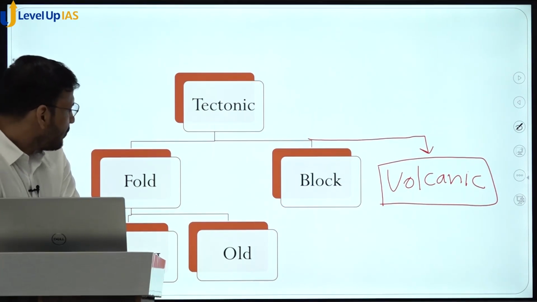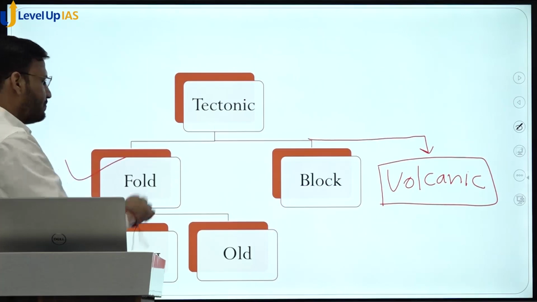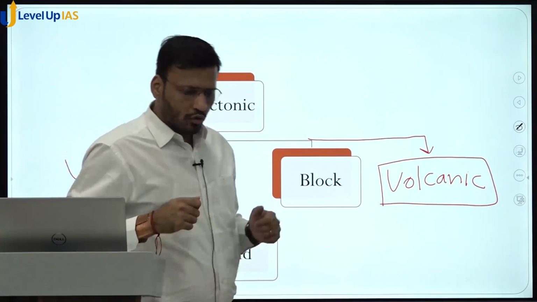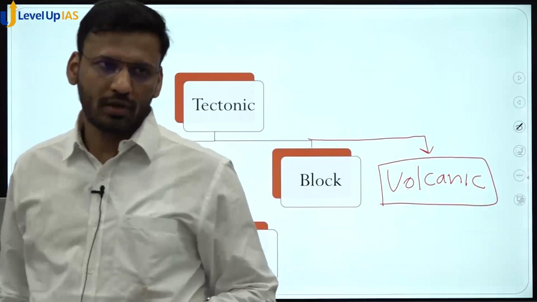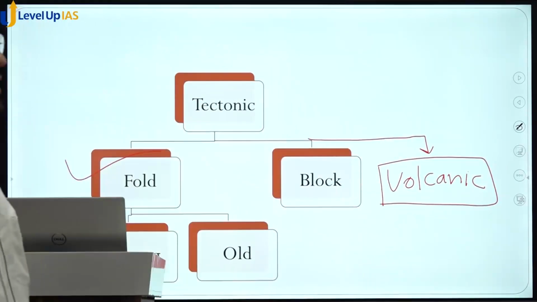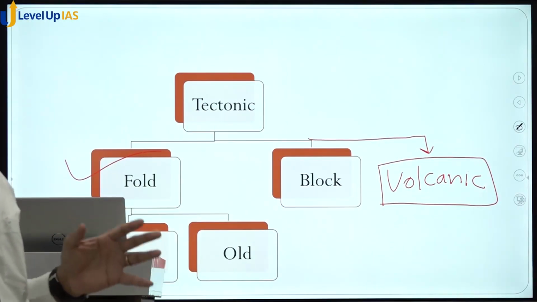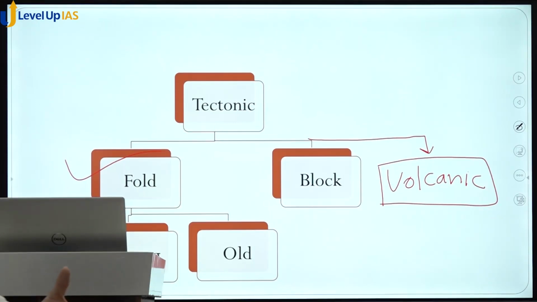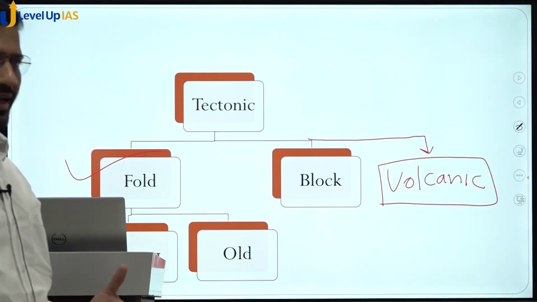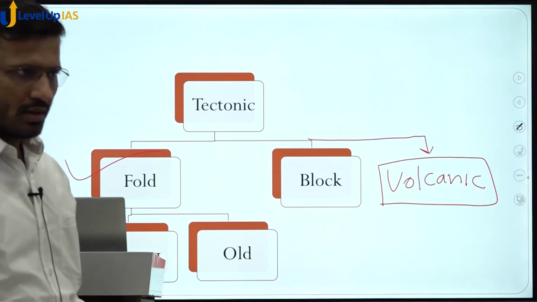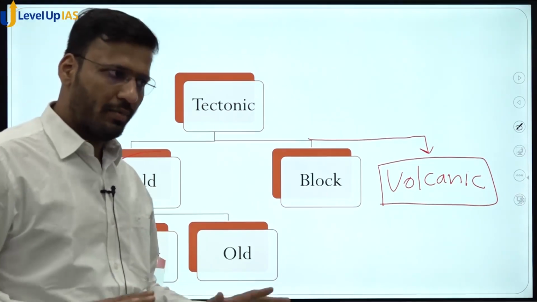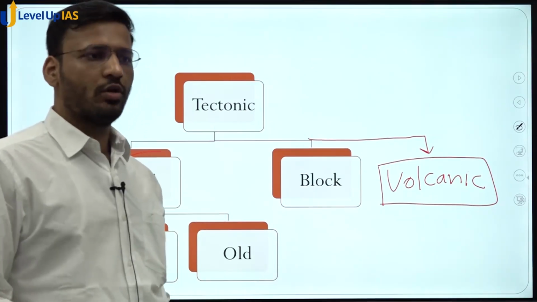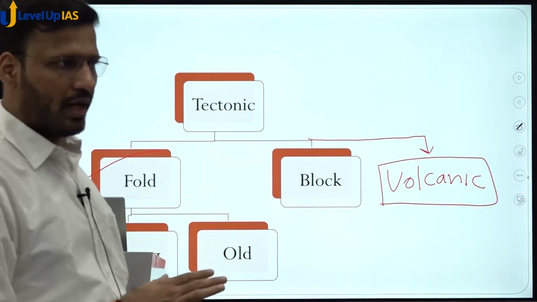Let us understand first about fold mountain. How are these fold mountains formed? Fold mountains are formed at a particular place called geosynclines. What are the geosynclines? Geo means Earth. Syncline means depression. So when a big depression forms anywhere on the surface of the Earth, we call it a geosyncline.